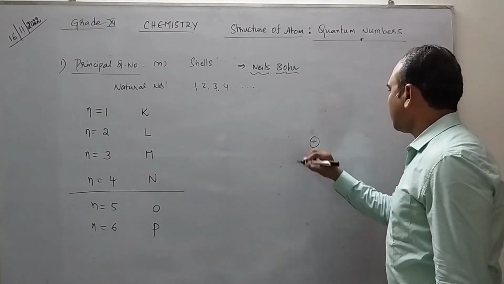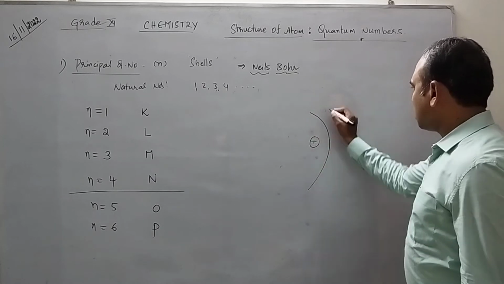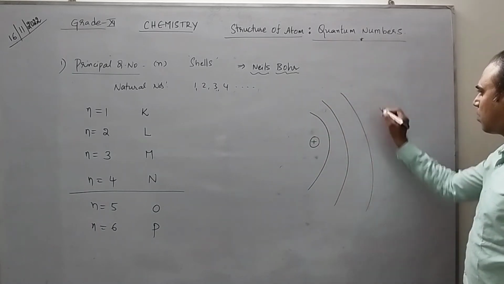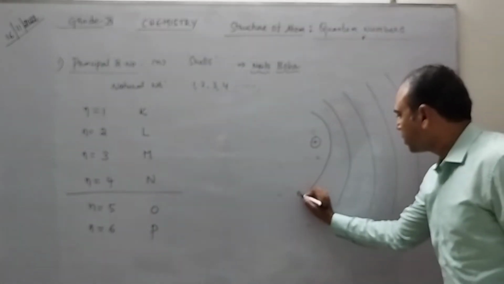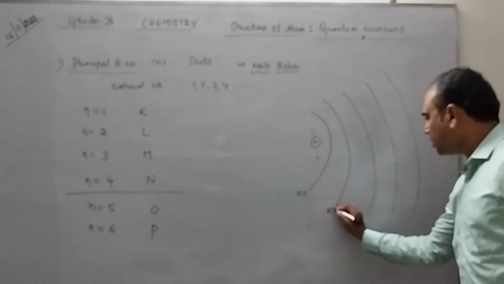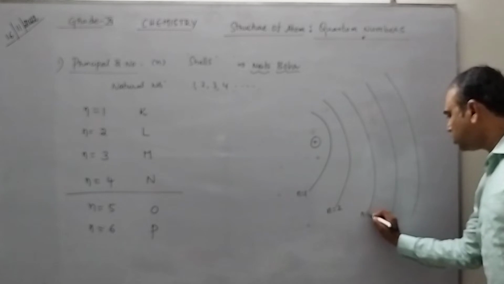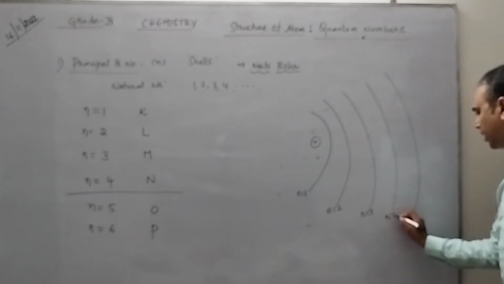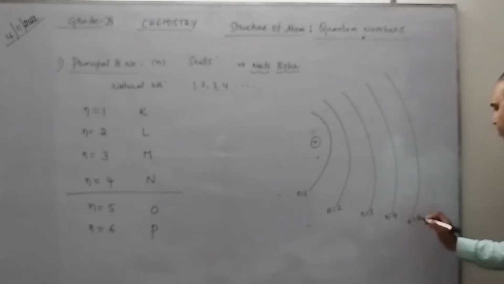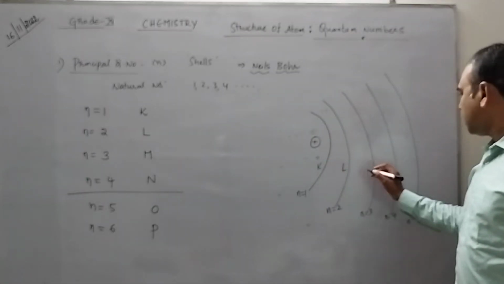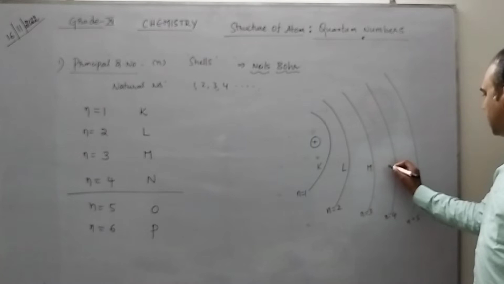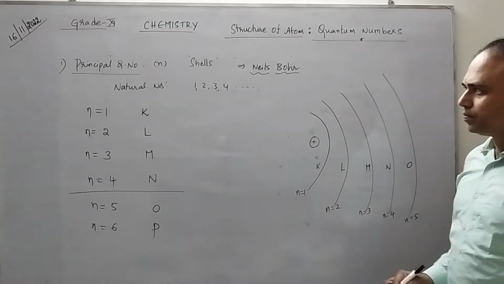At the center you have nucleus. Now if you consider, these are the shells. This is n is equal to 1, this is n is equal to 3, and now n is 4, n is 5 and so on. The designation, that is K, L, M, N, O and so on.